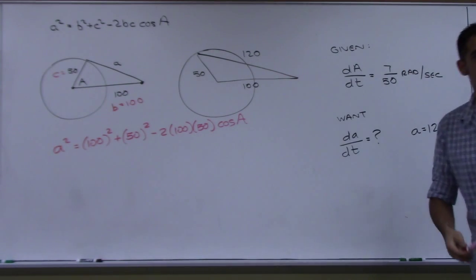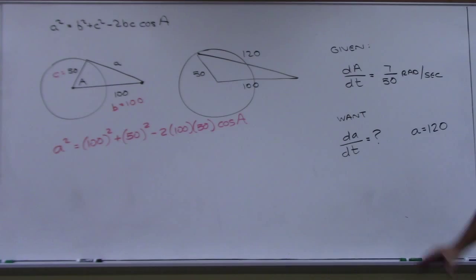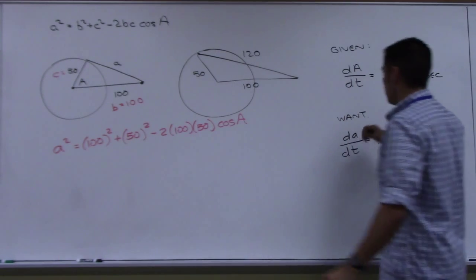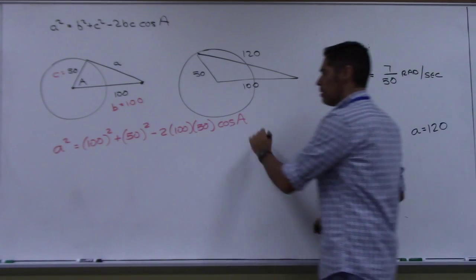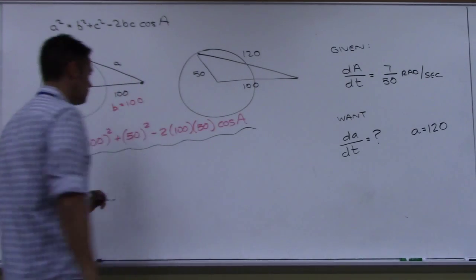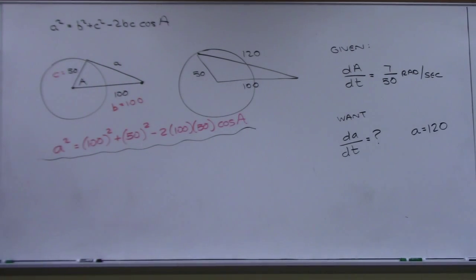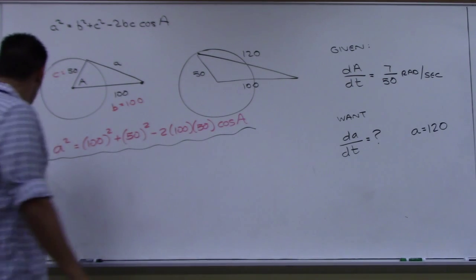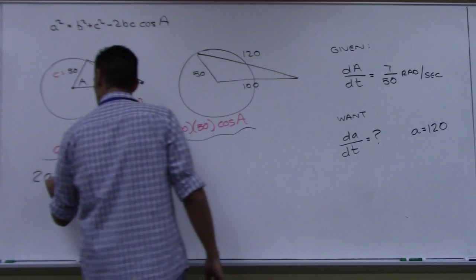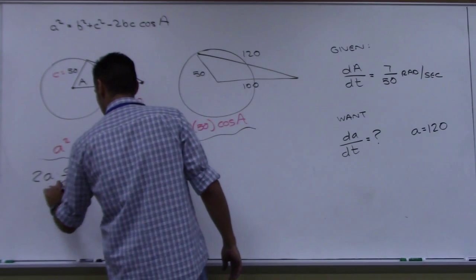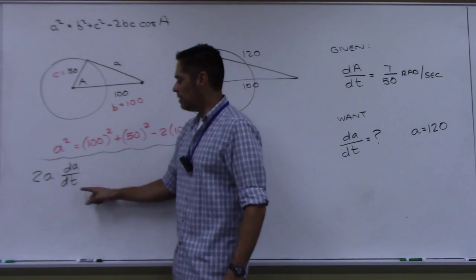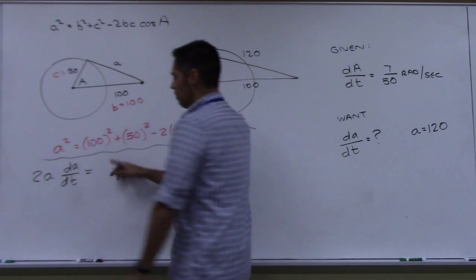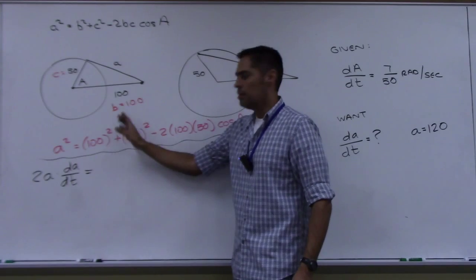There are a lot of constants in there, aren't there? Is that an equation relating capital A and little a? So I can differentiate that with respect to time. What's the derivative of little a squared? 2 little a d little a dt, right? Equals, what's the derivative of 100 squared? 0.